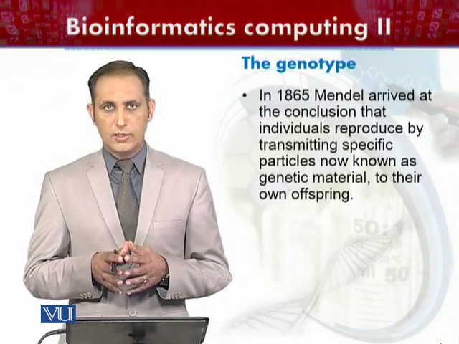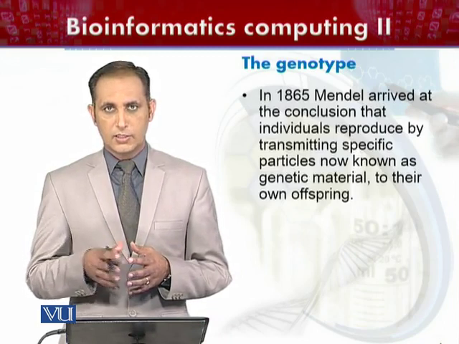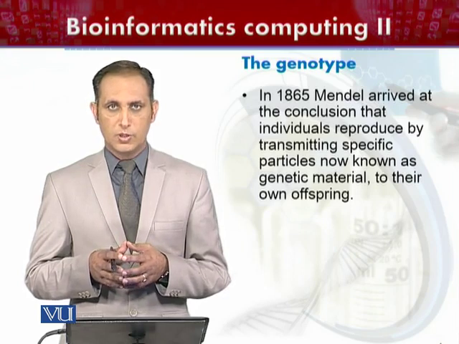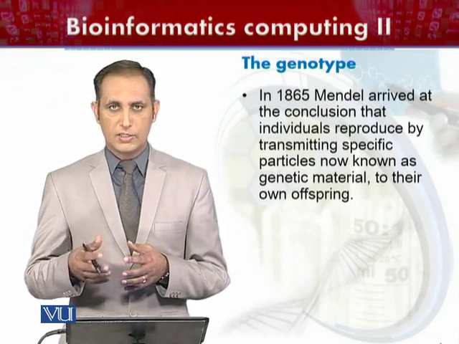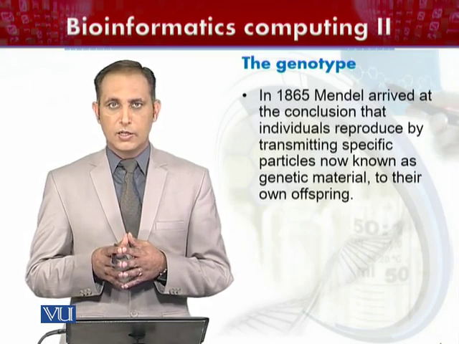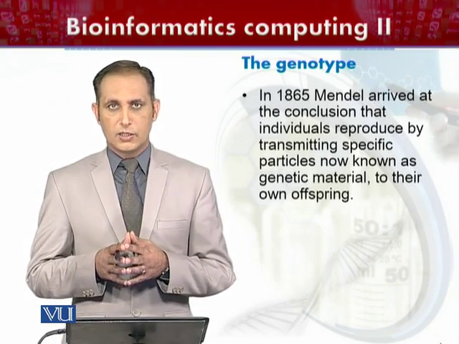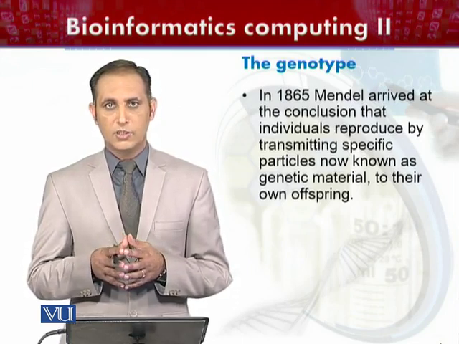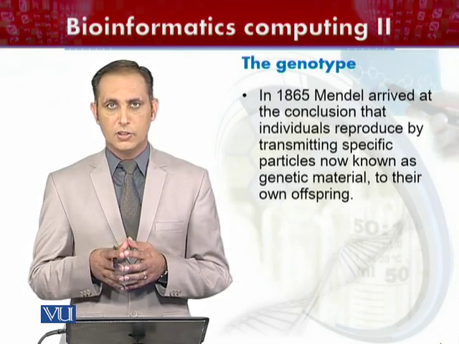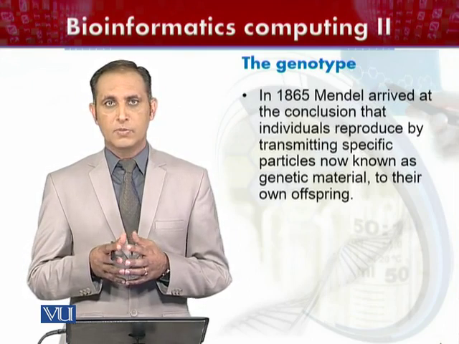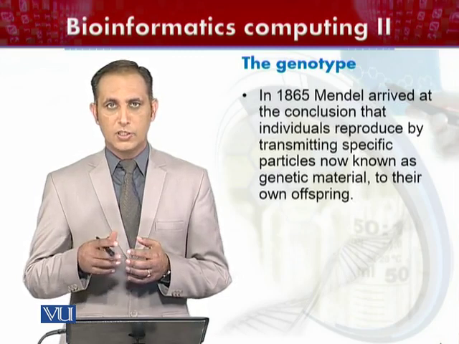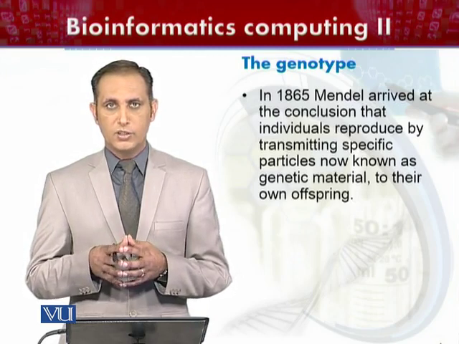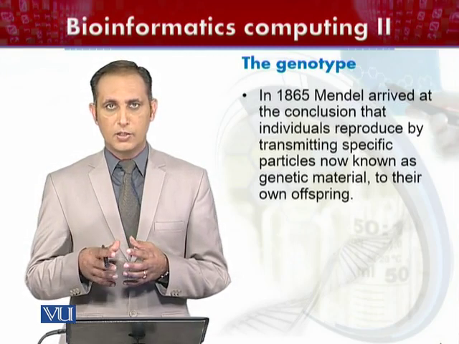Before going into the details of the genotype, let us highlight the basic works due to which progress was made towards the identification of the concept of genotype and phenotype. Genetics is linked with Mendel, and Mendel in 1865 came up with his ideas of the basic genetic material. He postulated that when organisms are transmitting characters from one generation to the next, they do this by transmitting some specific particles or entities.